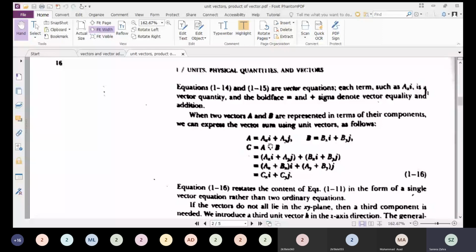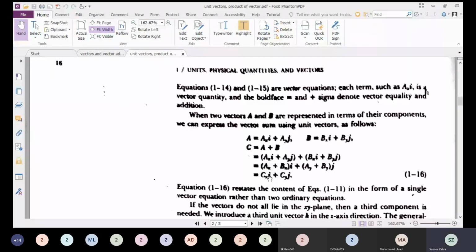So we will add the x components with x components and y components with y components. See, ax i and bx i, I'm adding and taking the i unit vector out. Now ay plus by, taking the j unit vector out. The sum of ax plus bx will be another component, cx, and the sum of ay and by will be cy.